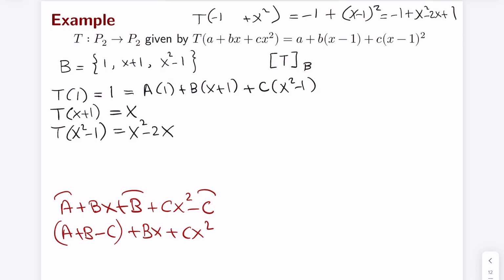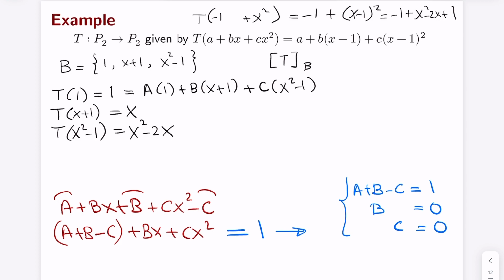And so the equation that we got here has to be equal to the polynomial 1. That means that we get this system of equations: a plus b minus c equals 1, b equals 0, and c equals 0, right? Because there are all zeros there, the terms in x and x squared.